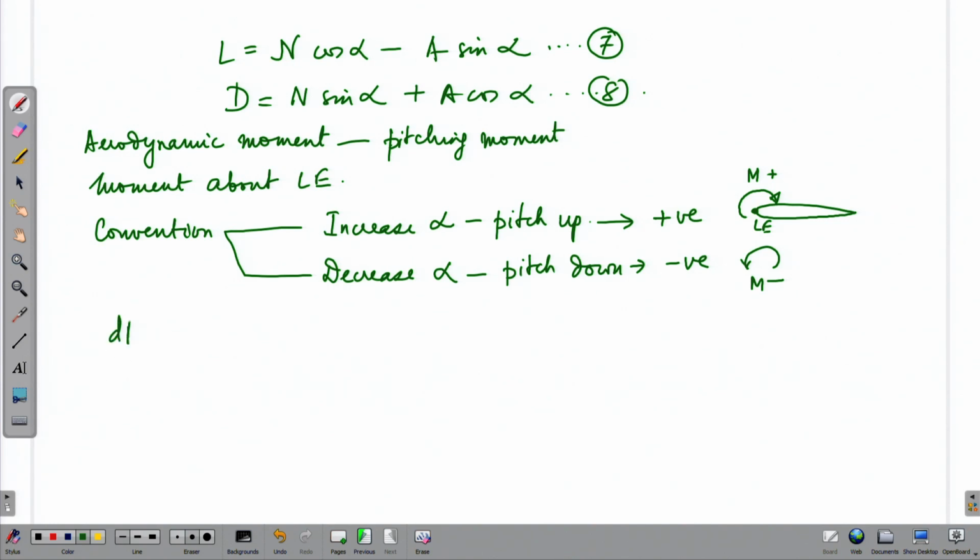How do we calculate the moment? Well, we have to incorporate a moment arm in addition to the force expressions. So, the moment arm comes in here.